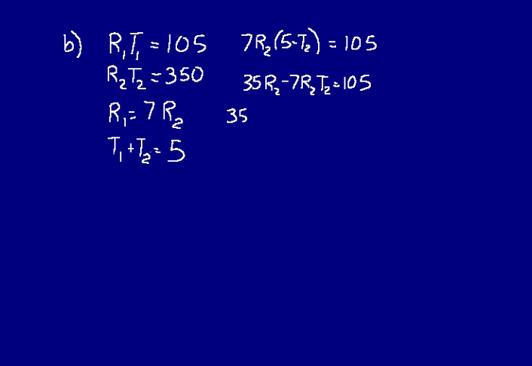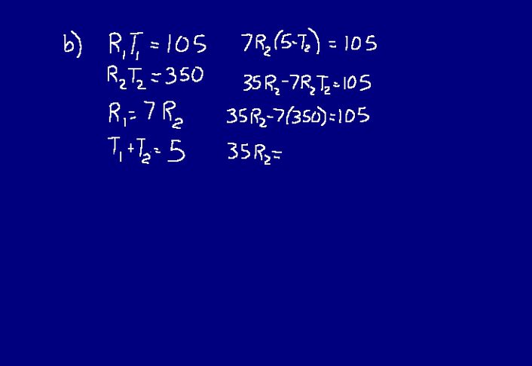35R2 minus 7 times 350, that equals 105. And so now we'll have 35R2 is equal to minus 7 times 350, or just move it over to the right side, so it'll be positive 7 times 350, and that's 2450 plus 105.